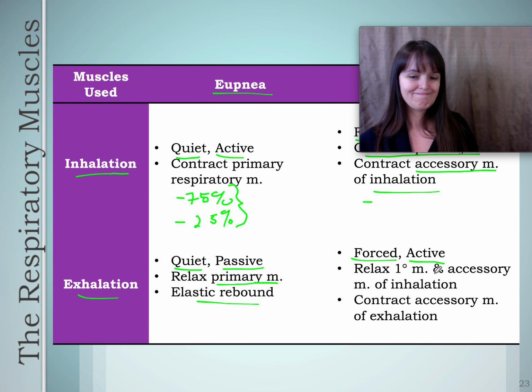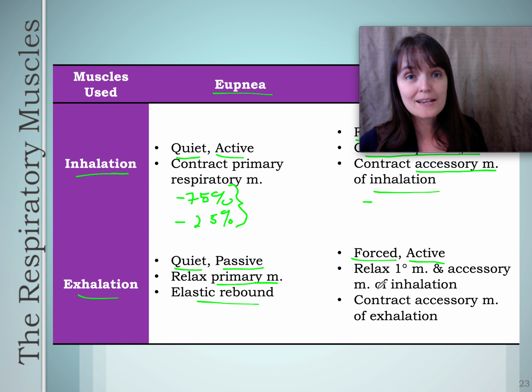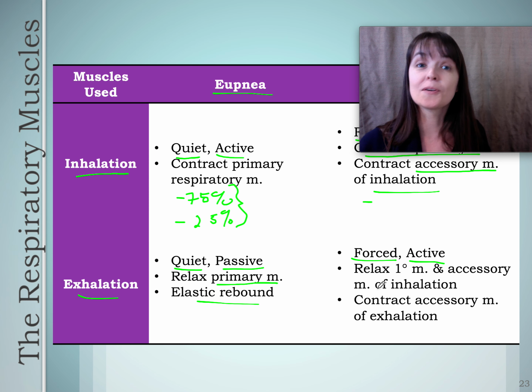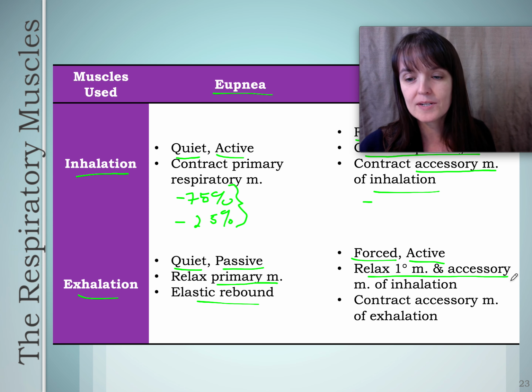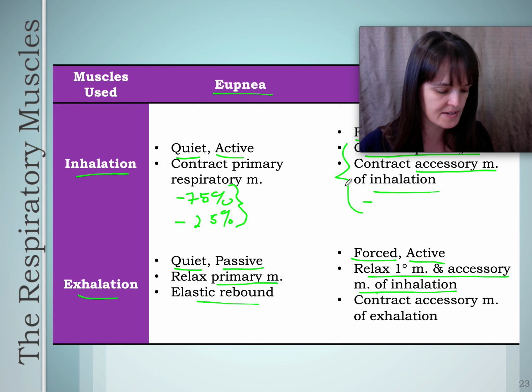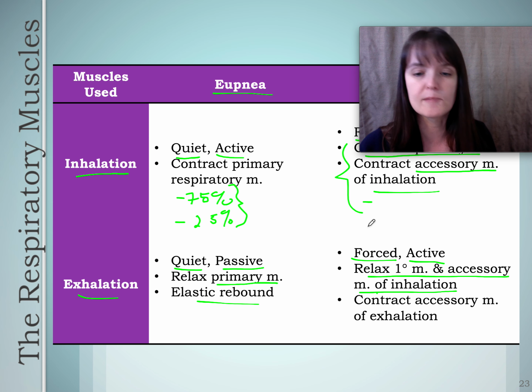Thanks. Good to know. So to blow out the candle on your personal birthday cupcake, you both relax the primary muscles of inhalation and the accessory muscles of inhalation, which are all these that we talked about. The diaphragm, the external intercostals, the sternocleidomastoid, serratus anterior, pec minor, and again, we never learned scalene.